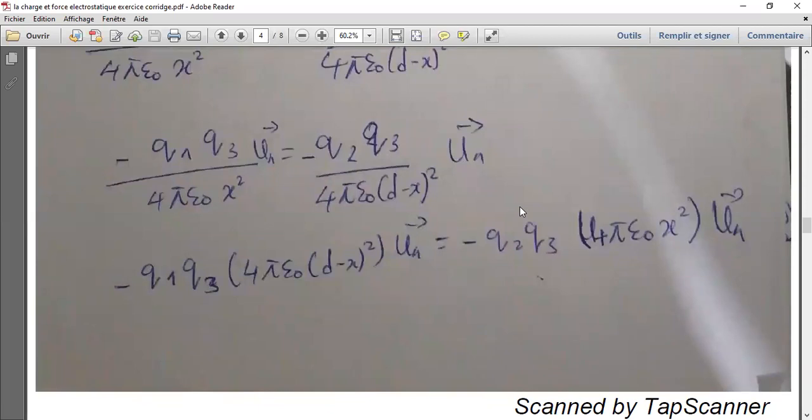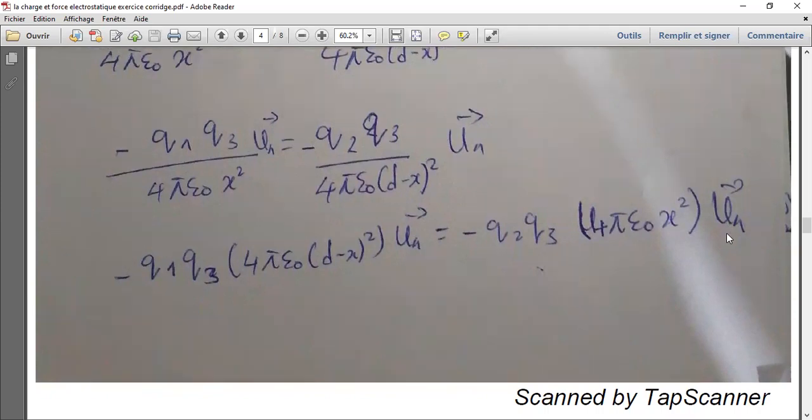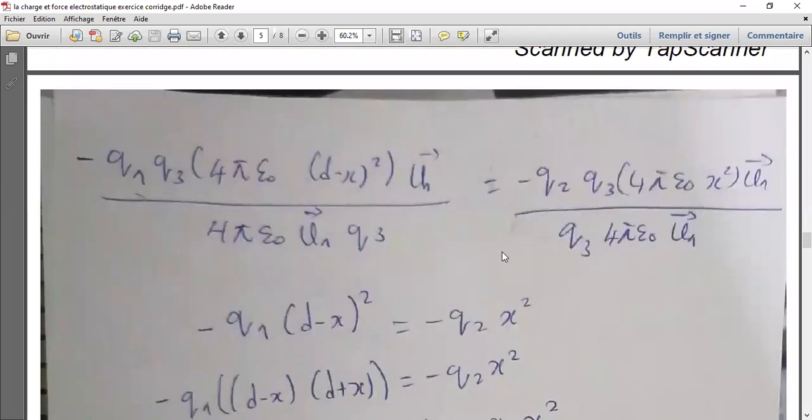I know that I have 4 pi epsilon 0, and here also I have 4 pi epsilon 0. I know that I have Q3, and here also I have what? Q3. And I know that I have a vector U1, and also here I have a vector U1 when I cross the equal sign. So you see that I can easily simplify by eliminating the 4 pi epsilon 0, the Q3, and the U1.